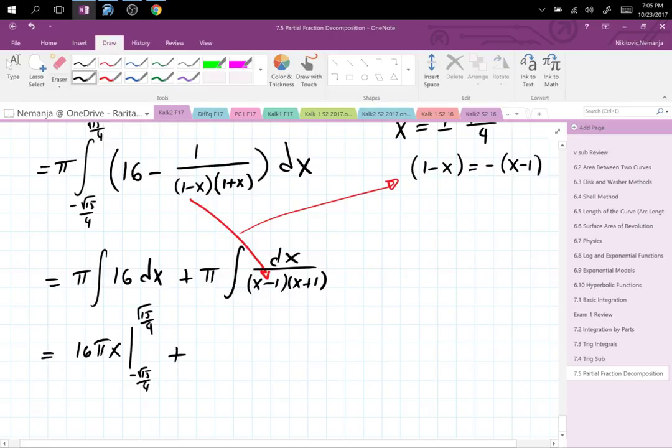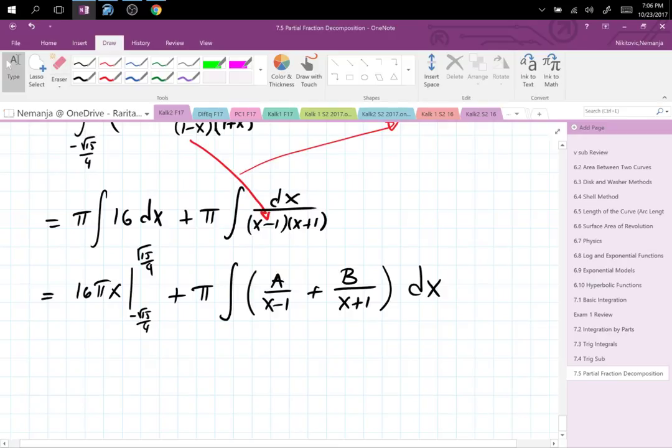Plus pi integral, and now we have two linear terms, so a over x minus 1 plus b over x plus 1, and these guys will work out to be a half, right? Did anyone get it?